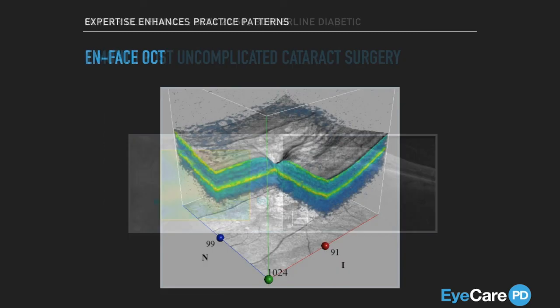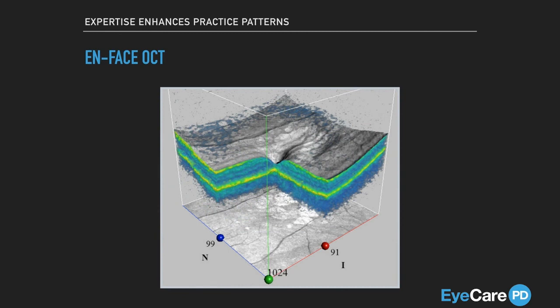Think about what you've been looking at overall. You've really been looking at an OCT in a cross-section. But of course, there are other ways that you can look at OCTs. You can also look at OCTs en face, or almost like this bird's eye view from above.